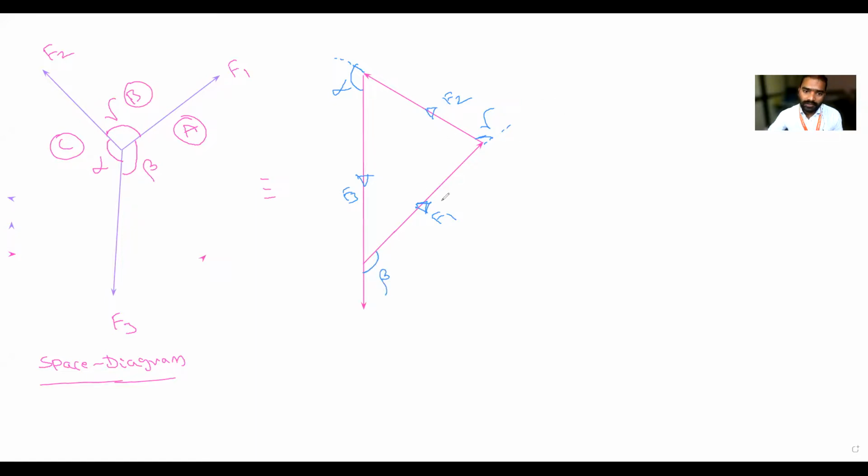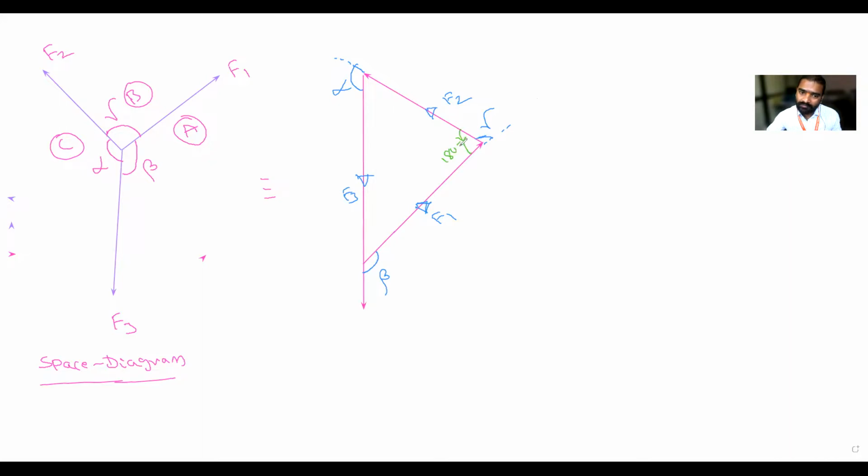Consider this F1 force. F1 force is exactly a straight line. The angle of a straight line is how much? 180. So if this is equal to gamma, then what is the inside angle? That is 180 minus gamma.